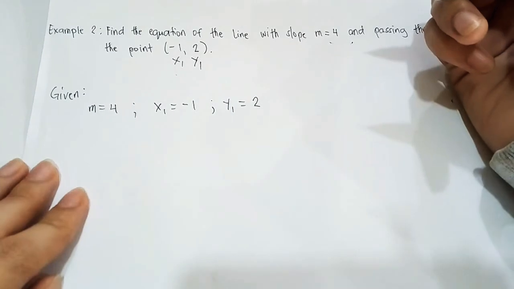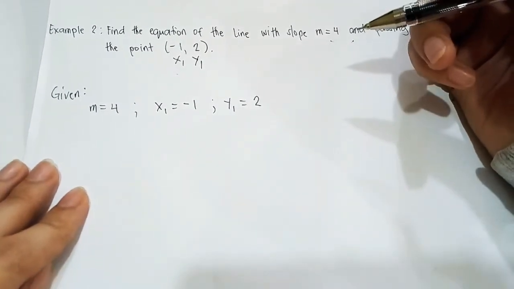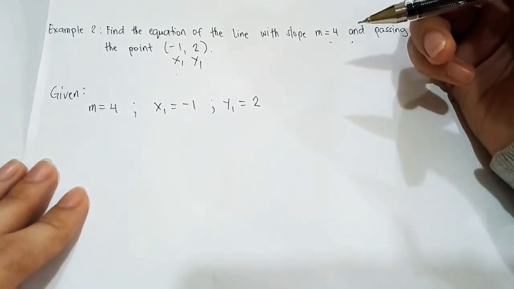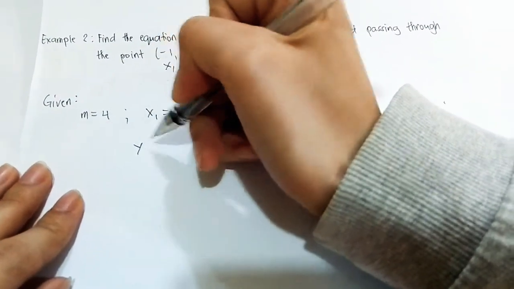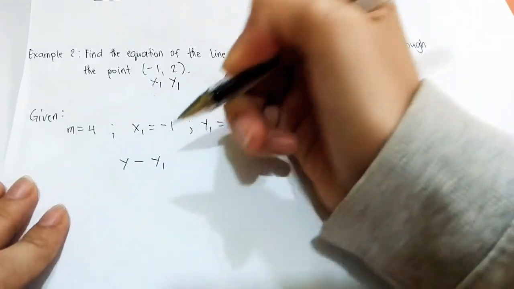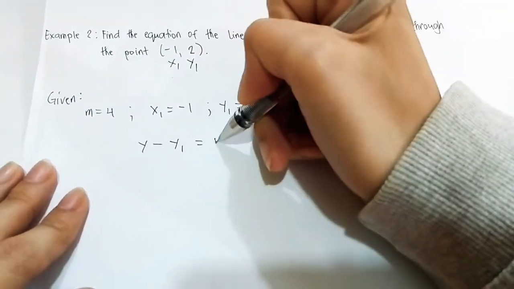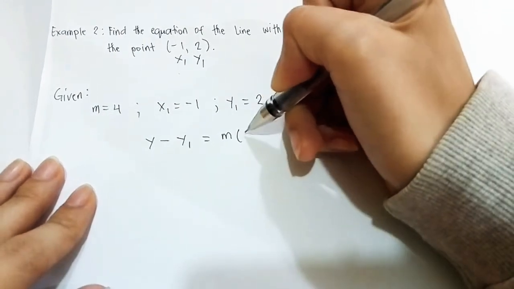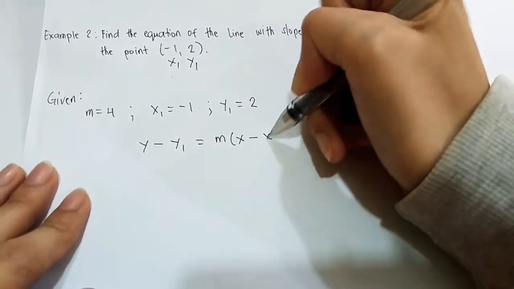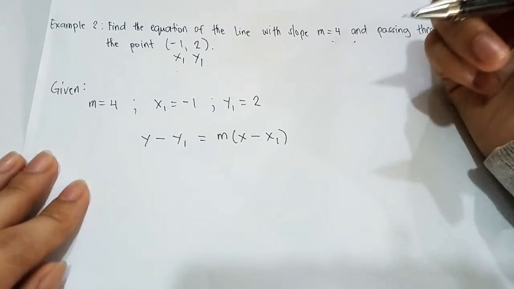So to solve for the equation of the line, we can use the point slope form, which is y minus y sub 1 equals m, which is the slope, multiplied to x minus x sub 1.